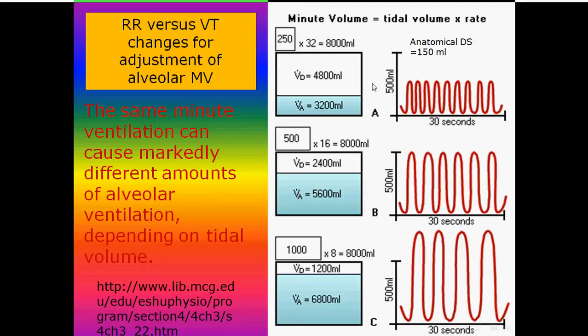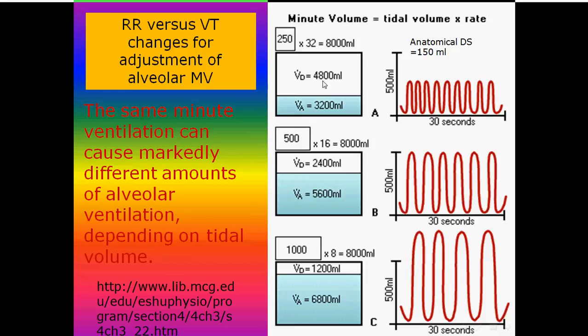This means that for this minute volume, about 4.8 liters will be lost as dead space, and only about 3.2 liters will be delivered for ventilation. If you decrease the rate from 32 to 16, 16 by 150 ml gives 2.4 liters lost in the dead space.